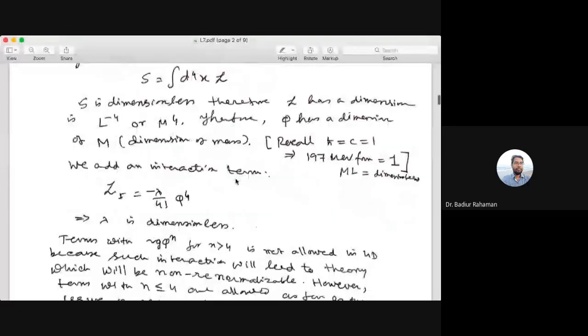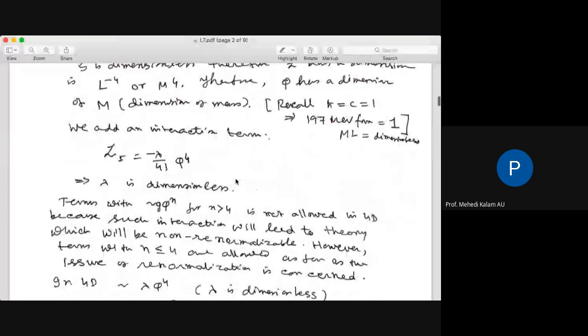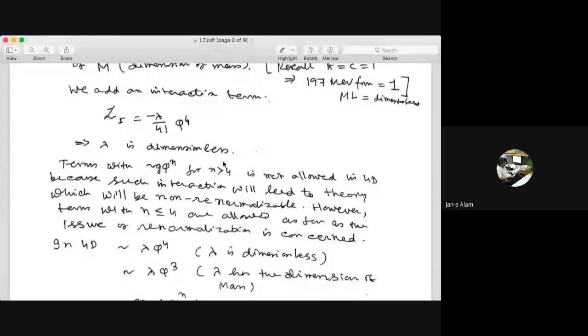Yes, it's visible. Now, first of all, this Lagrangian should have mass dimension 4, right?